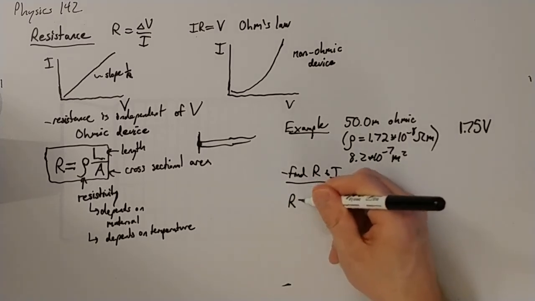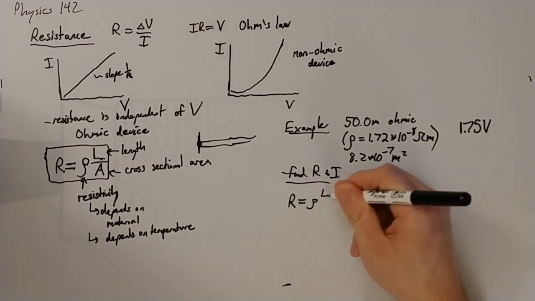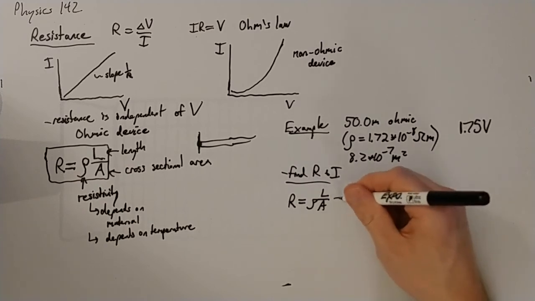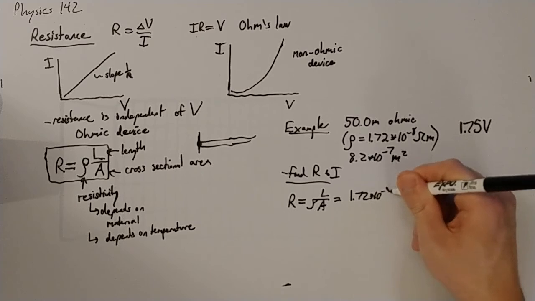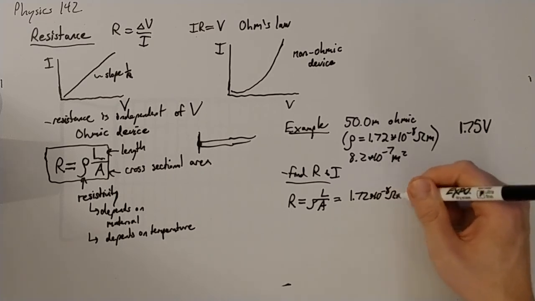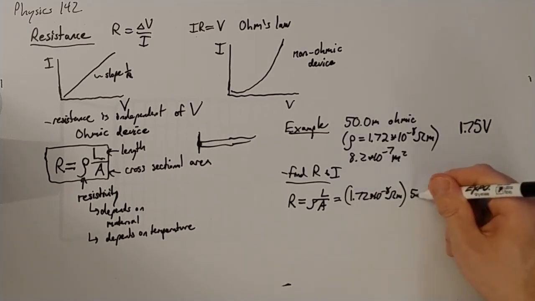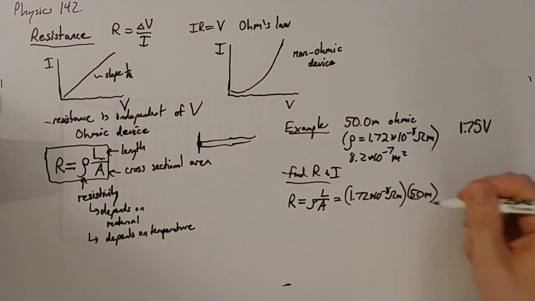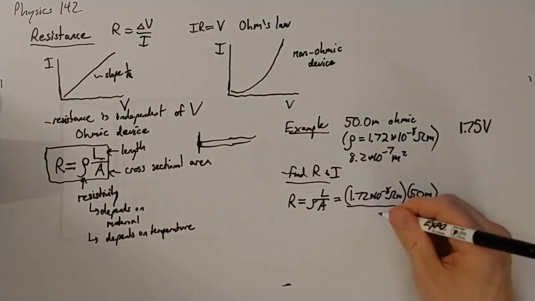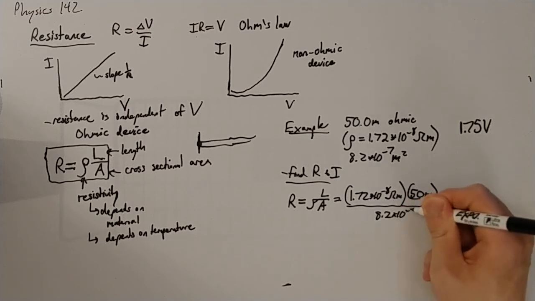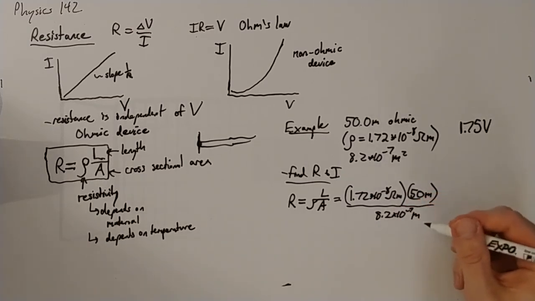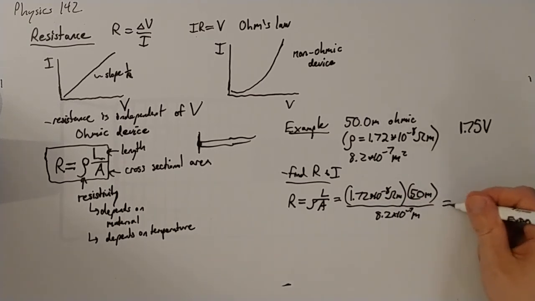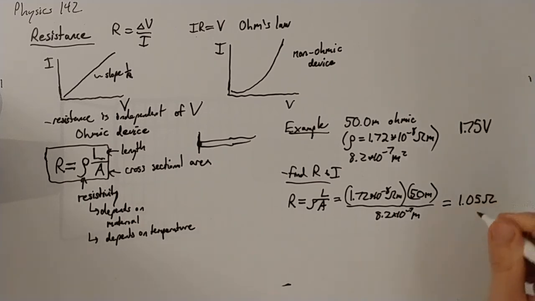So we could write this down. R equals rho L over A, which is going to be 1.72 times 10 to the minus 8 ohm meters, all right, times 50 meters divided by 8.2 times 10 to the minus 7 square meters. And when you plug all that into a calculator, I got that it comes out to 1.05 ohms.